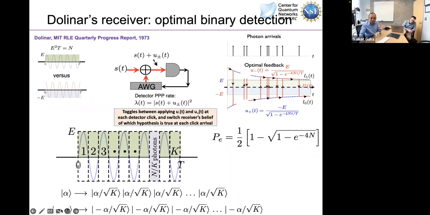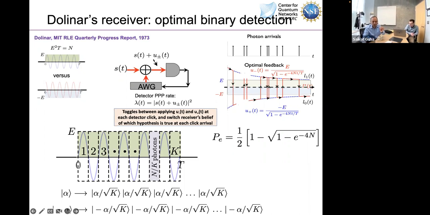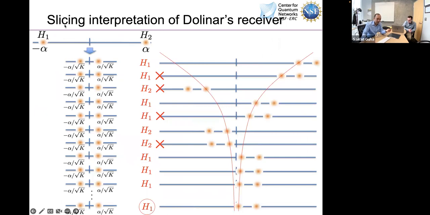And the minus alpha coherent state is a tensor product of coherent states minus alpha over root k, minus alpha over root k, and so on. Think of this vertical direction as time. So my pulse is either this way or that way. This is the first slice, the second slice, third slice, and fourth slice in time.